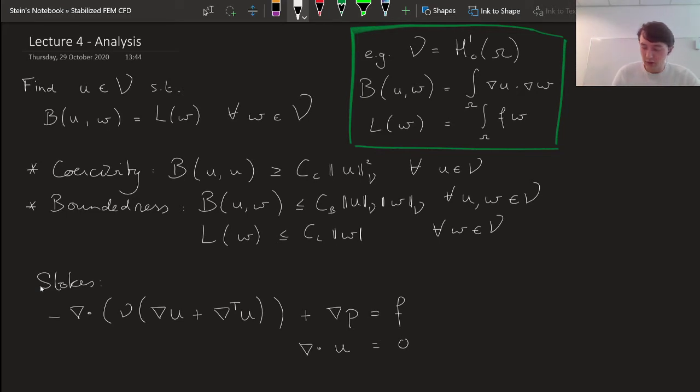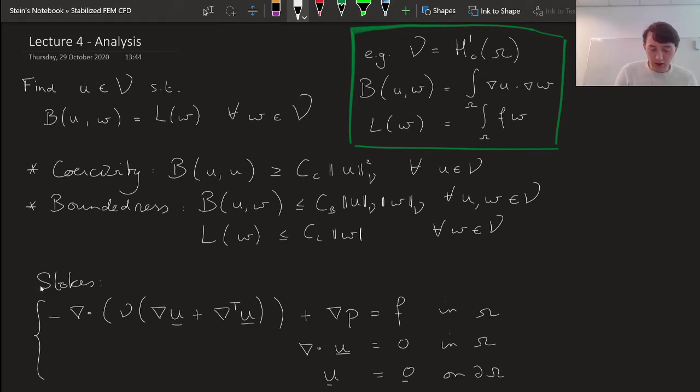And we also have another constraint, that's a boundary condition. We're simply going to, in this case, assume homogeneous Dirichlet conditions all around. So we have that our velocity is set to 0 on the complete boundary of our domain. And both of these partial differential equations are then set inside of the domain omega. So that's one way of writing the Stokes equations.